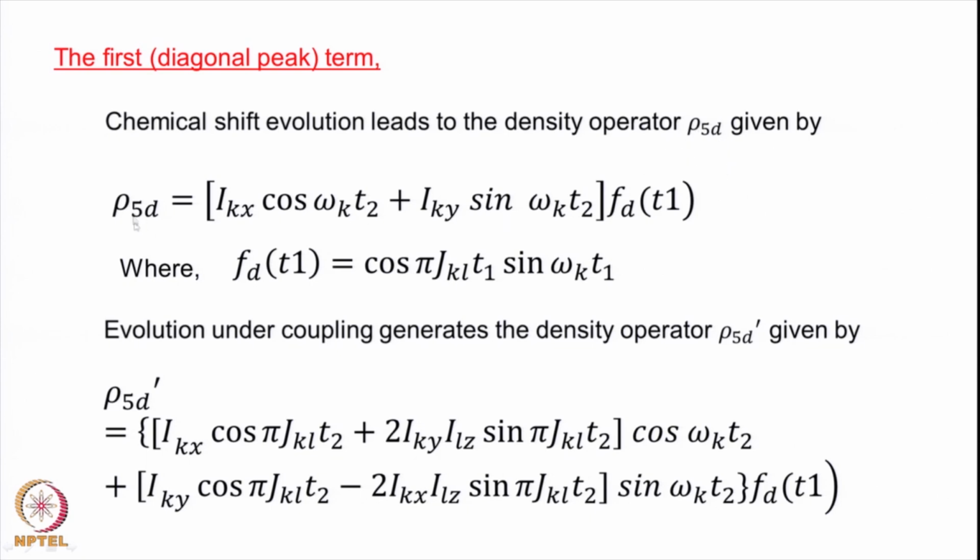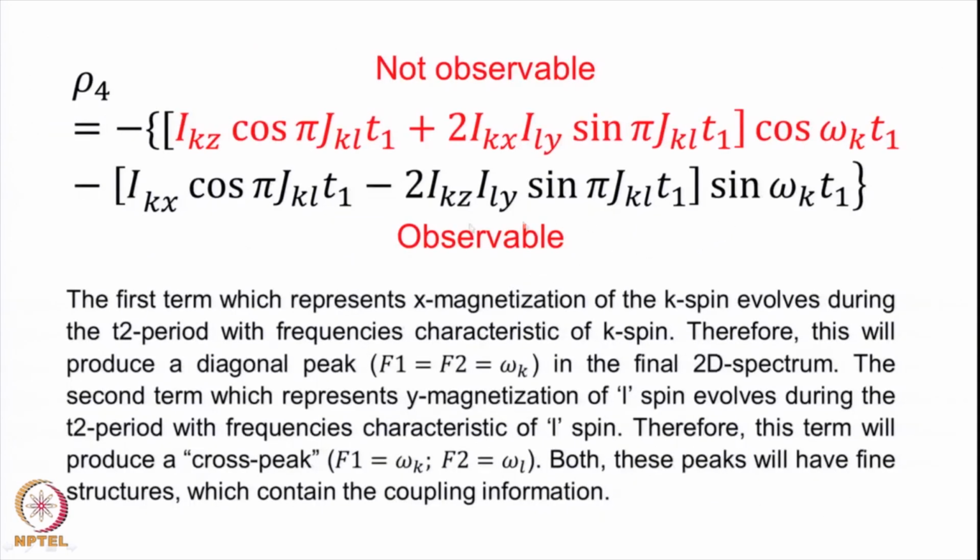So, I call this rho 5d, and this is IKX cosine omega k t2 plus IKY sin omega k t2, and the entire modulation of the T1 evolution I simply write as FD T1, and FD T1 is cosine pi jkl T1 sin omega k T1. So, you recall, that is just this cosine pi jkl T1 and sin omega k T1. So, I call this FD T1.